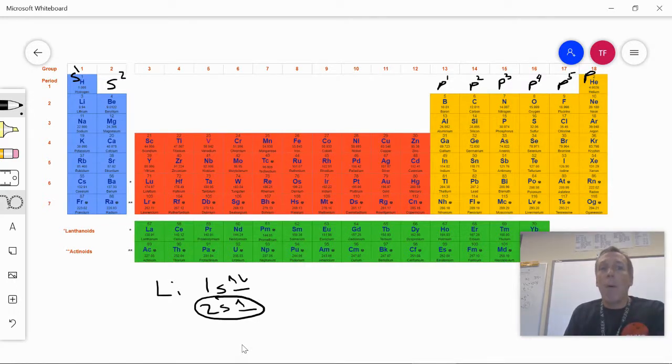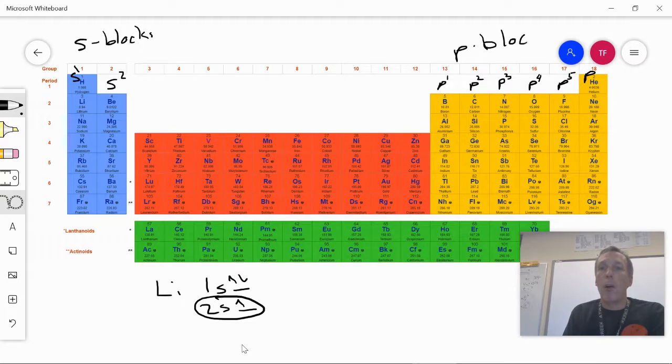So this blue block, groups 1 and 2, is often called the s block, because every element in that block ends in an s orbital. I bet you can figure out what this big yellow block is called, because every element ends in a p orbital. This is called the p block.